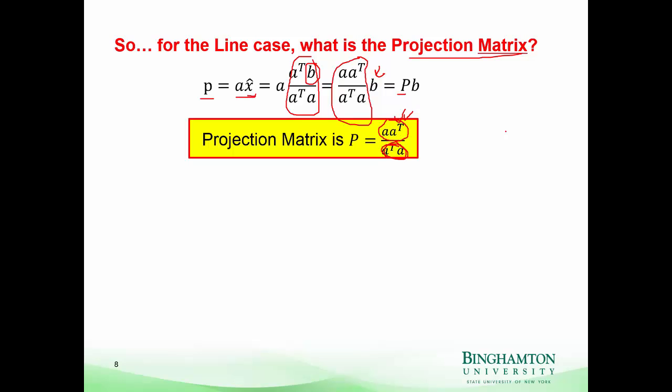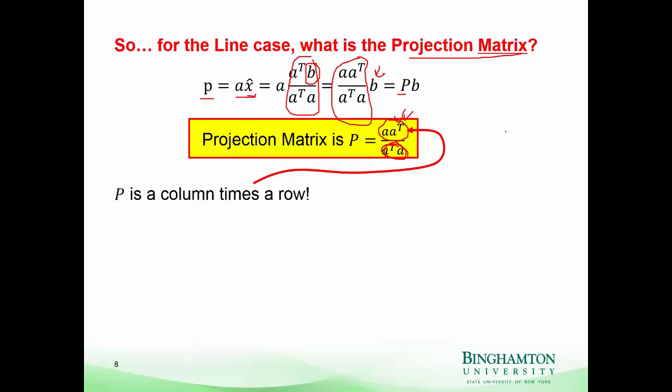A column times a row gives you a matrix. And when that column and row are the same vector, in the same dimension, you get a square matrix. So P is a square matrix, and I claim that is the projection matrix, and that's pretty interesting.